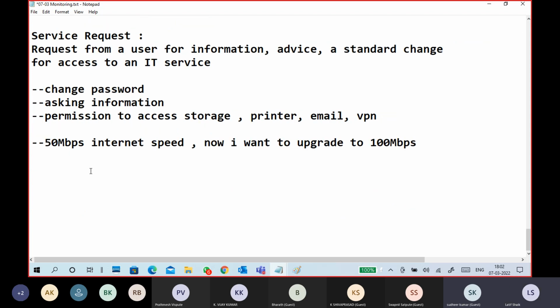So there are a lot of dependencies there. First one, it is a change. And also it is a service request. I am requesting a service, 100 Mbps internet service.